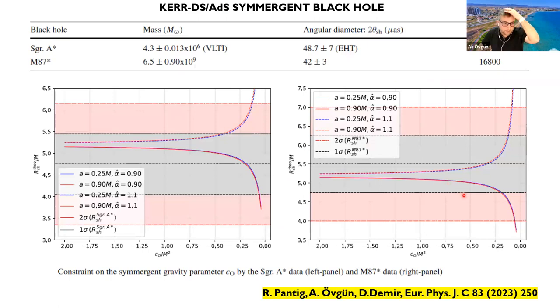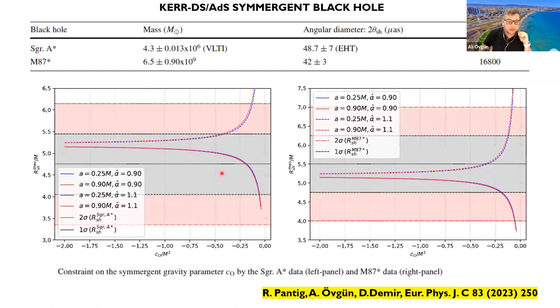Again, if we compare our result with the M87 and Sagittarius A observations, based on this figure, we conclude that the parameters we use in describing the shadow cast fall within the upper and lower bounds at the 1 sigma level.